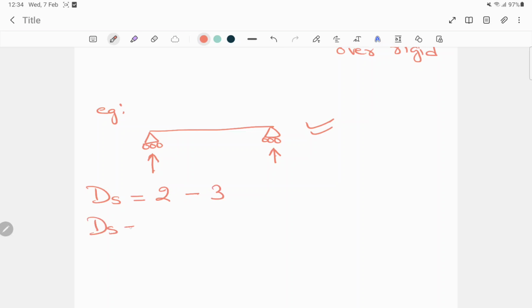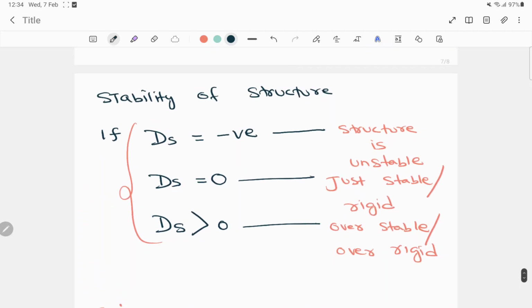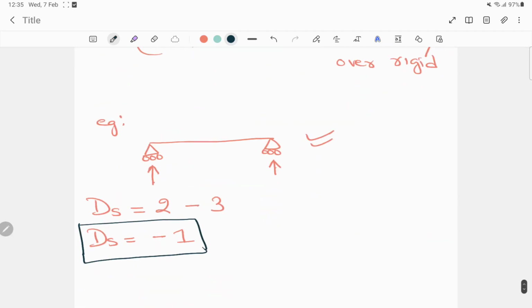So the answer comes to be minus 1. The degree of static indeterminacy is minus 1. We said that if the ds value comes to be negative, then the structure is unstable. So this type of structure is an unstable structure.